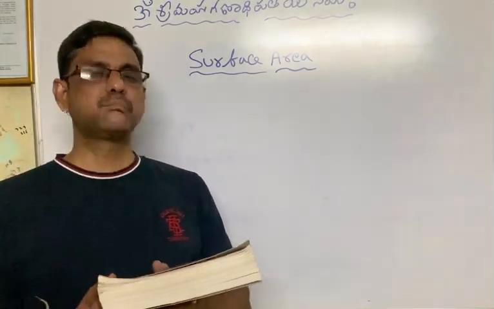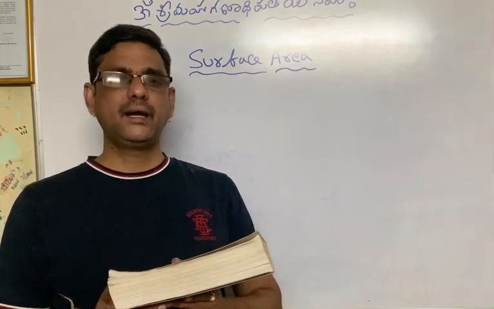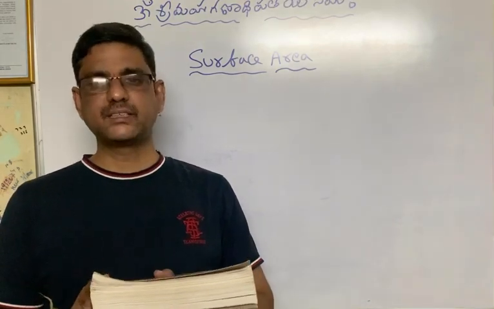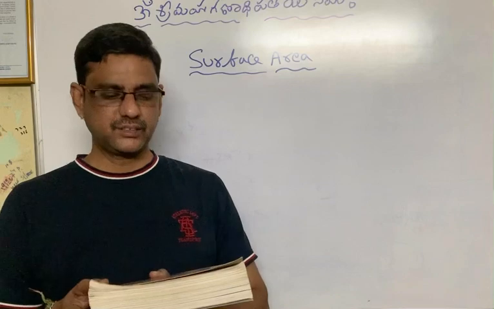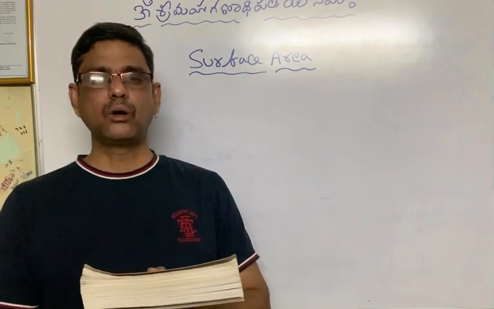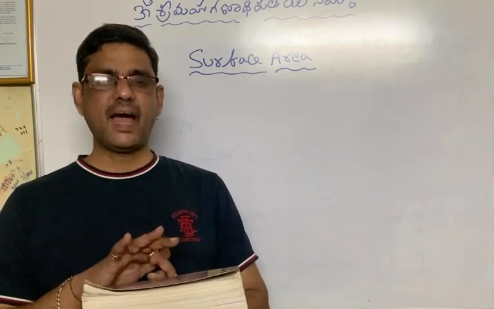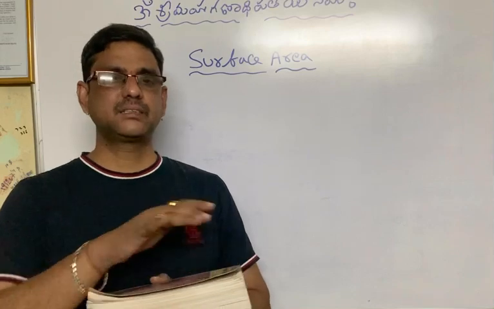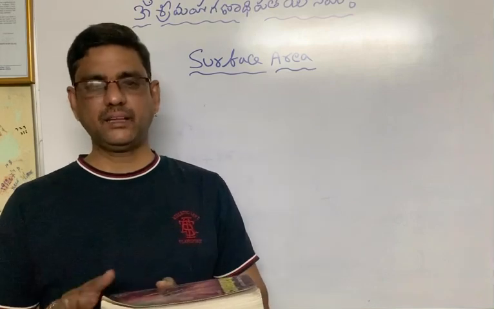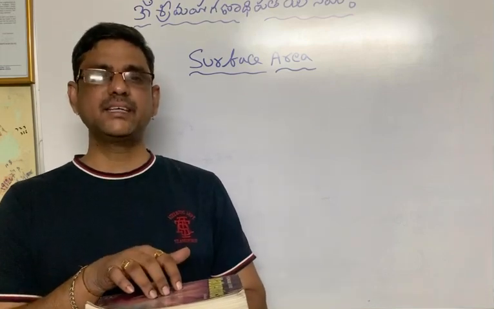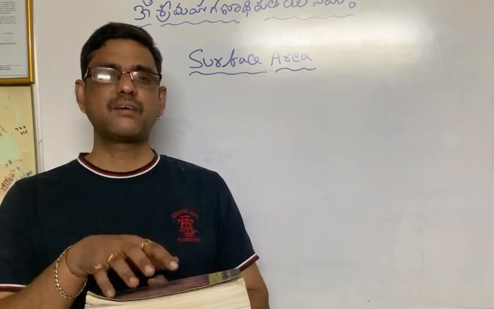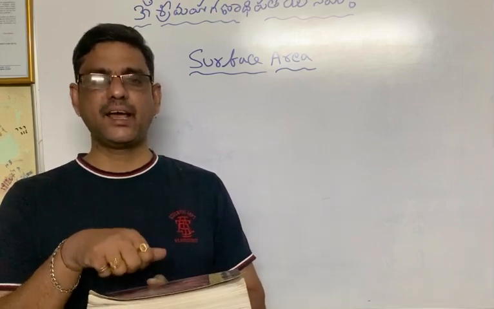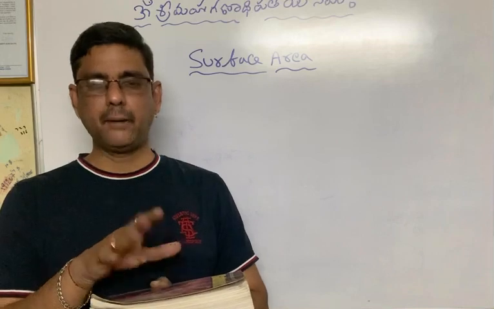Suppose this book contains 6 plane faces. See here: top, bottom, front, back and side faces. Total 6 faces are there. So its surface area is the area of all the plane faces.